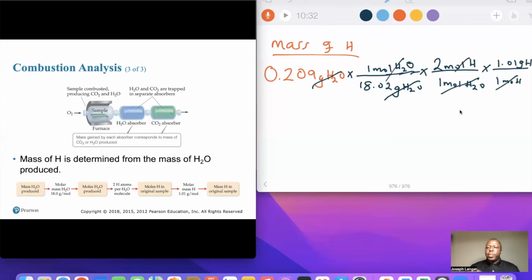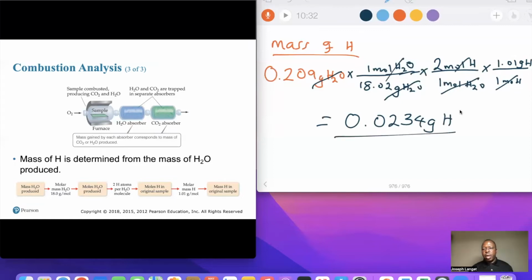You can multiply everything at the top divided by everything at the bottom. At this point, it is your responsibility to learn and master your calculator. You need to know how your calculator works. This is the grams of hydrogen in the hydrocarbon. So that's how you will determine the mass of hydrogen from the combustion of the hydrocarbon.